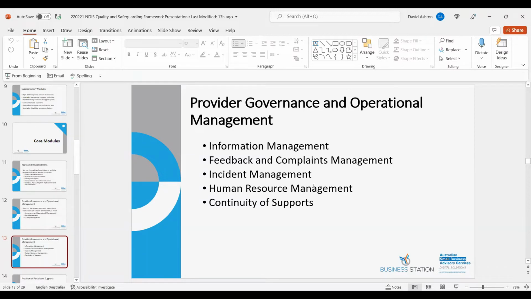The National Disability Insurance Scheme Incident Management and Reportable Incidents Rules 2018 apply here. You need to have policies and procedures around how you're going to manage incidents and report them. They may need to be reported to the NDIS governing body. So you need to be mindful of what those incidents are.